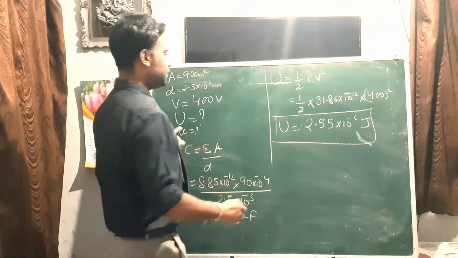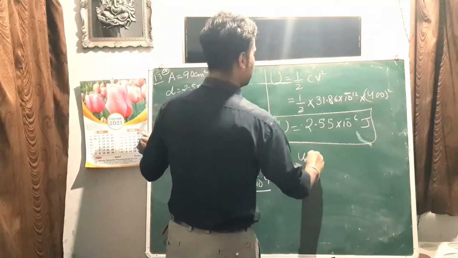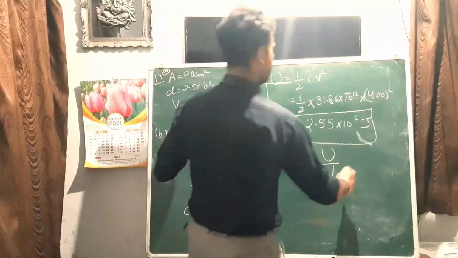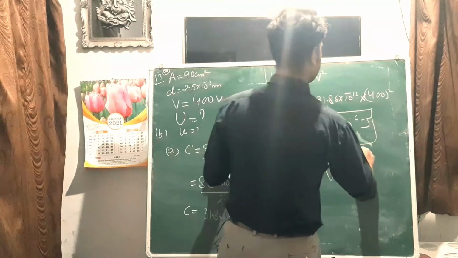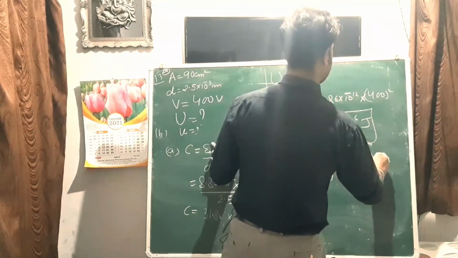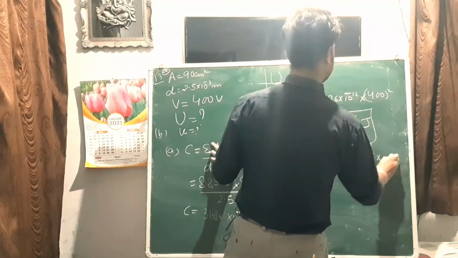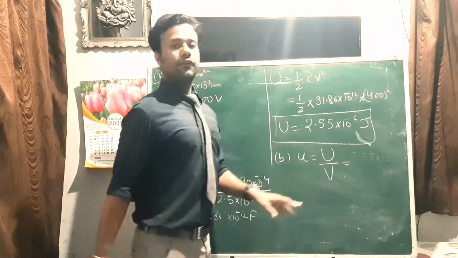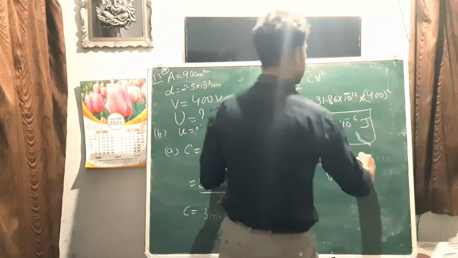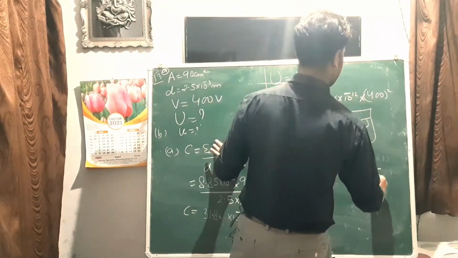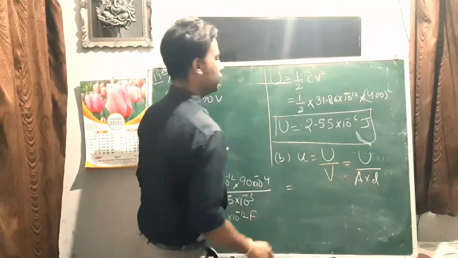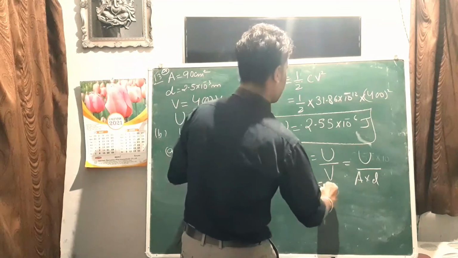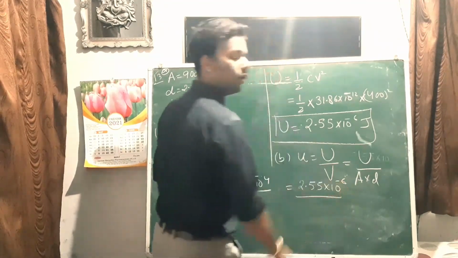Now in the B part, we have to calculate the value of small u, which is nothing but U upon V, right? V will be A into D, so it will be U upon A into D. U is 2.55 into 10 to the power minus 6 upon the value of area.